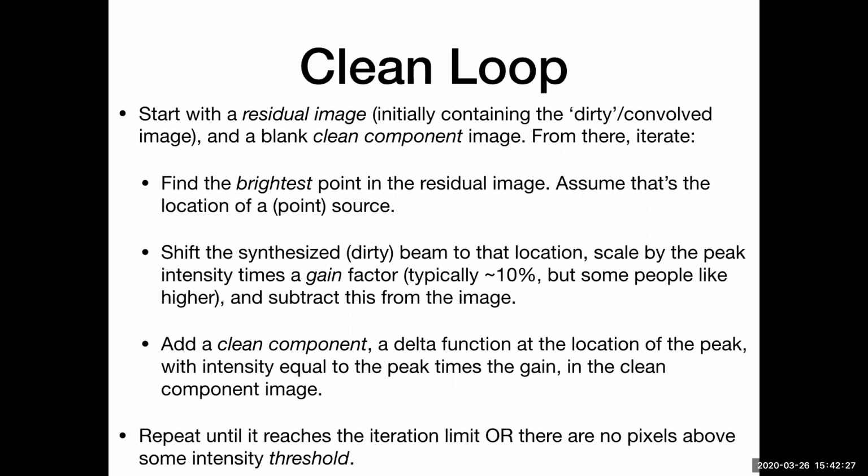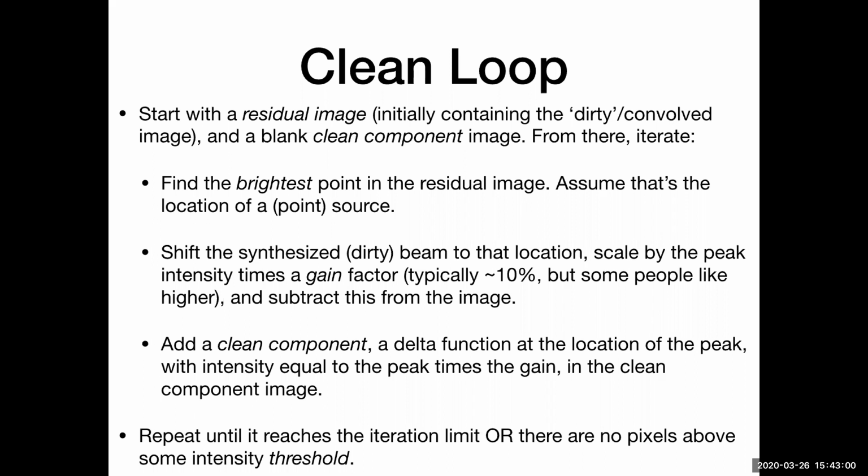All right, so let's go through the CLEAN loop, the iterative loop. You start with a residual image, which is initially just your dirty image, the one that you get out of the imaging process. And you create a new blank image which holds your clean components. From there you go through an iterative process where you find the brightest point in the image, and you assume that's a delta function source.